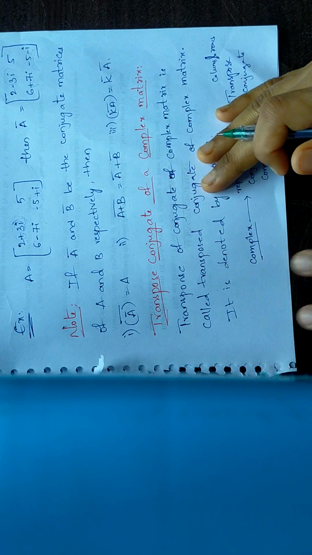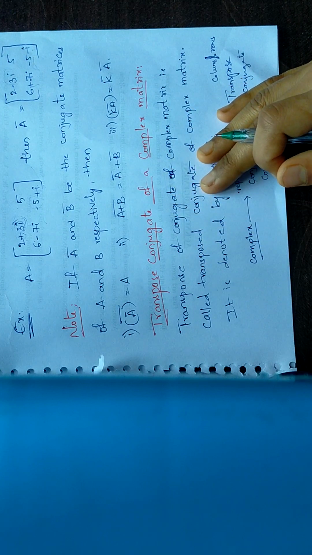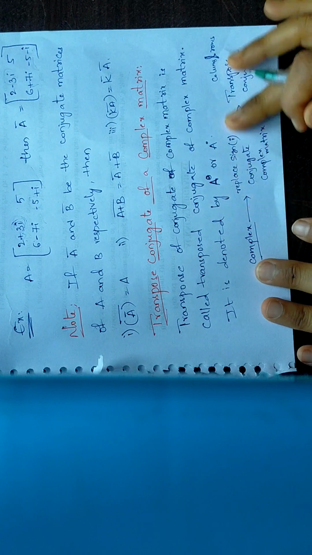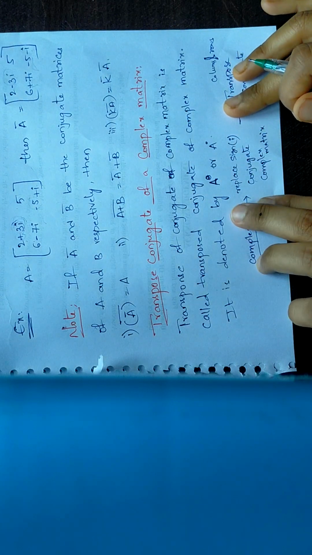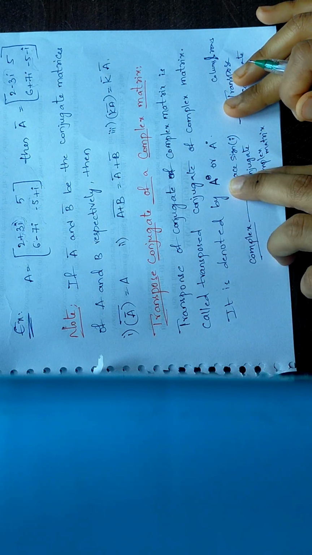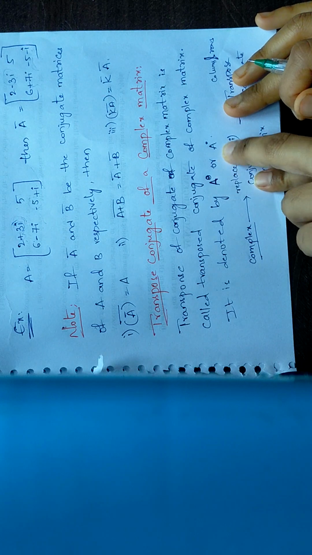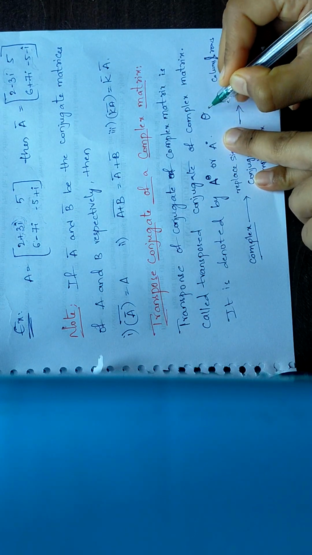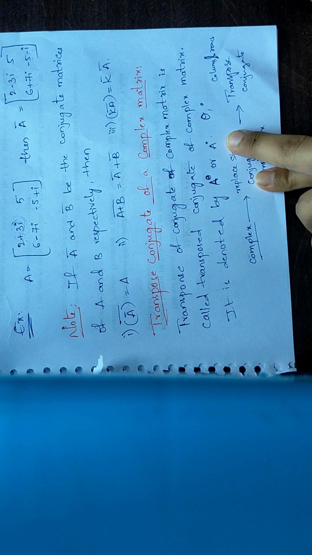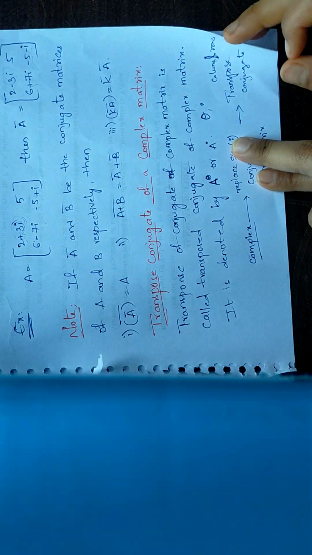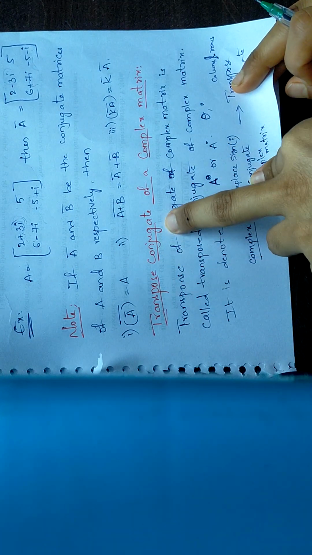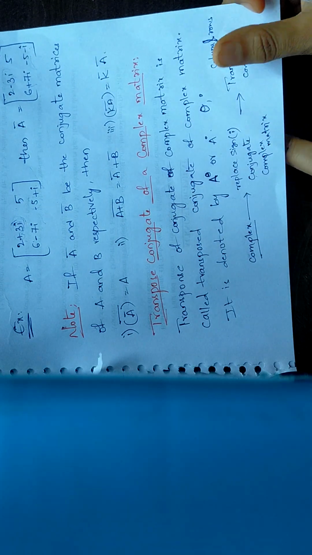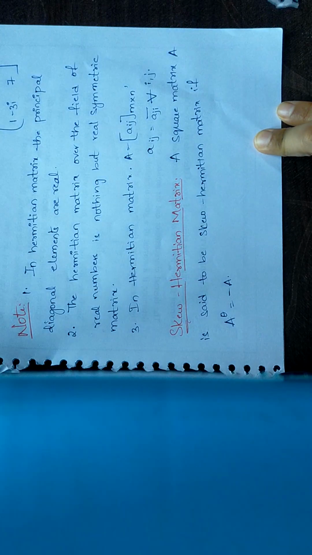The definition seems a bit confusing, I'll explain with an example. Remember, it is denoted by A power theta or A degree. So like this, theta or a degree sign. Then we say it is the transpose conjugate of a complex matrix. We'll see the example, it will be clear for you.